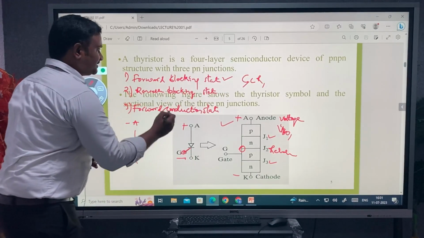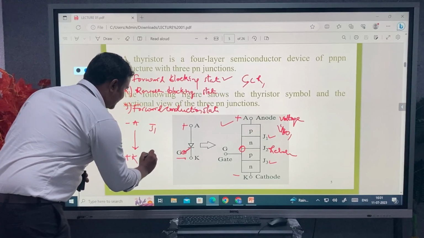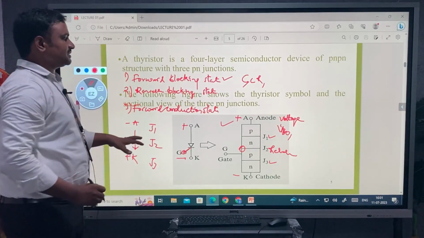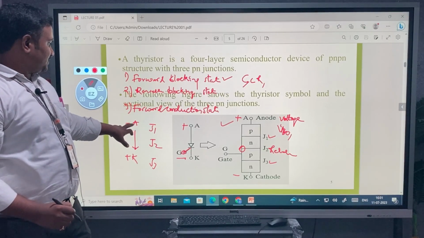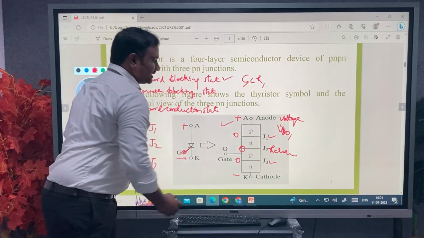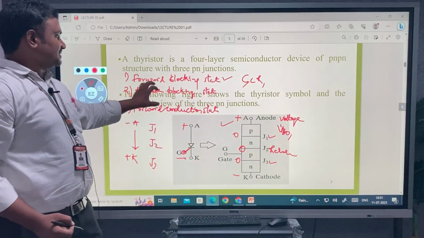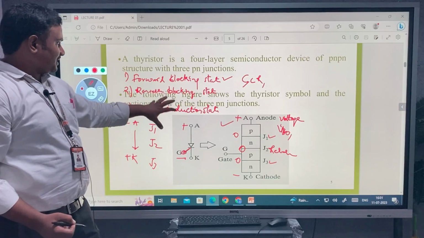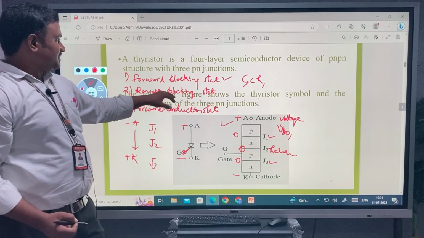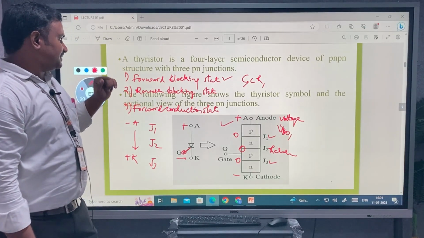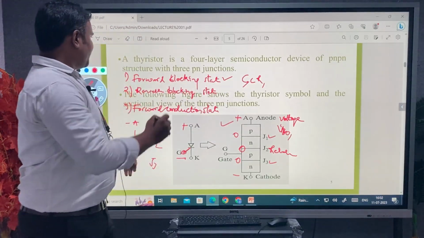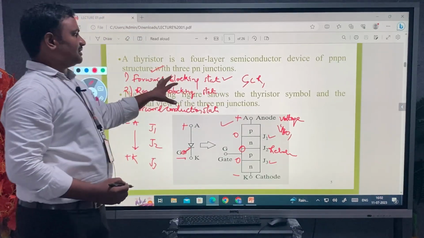Junctions J1 and J3 are reverse biased and only J2 is forward biased. So these two junctions oppose the flow of current, and you will not get any current in this case, but some leakage current will flow through the junctions. That leakage current is nothing but reverse leakage current. In the same way, current also flows in the forward blocking state, which is the forward leakage current.